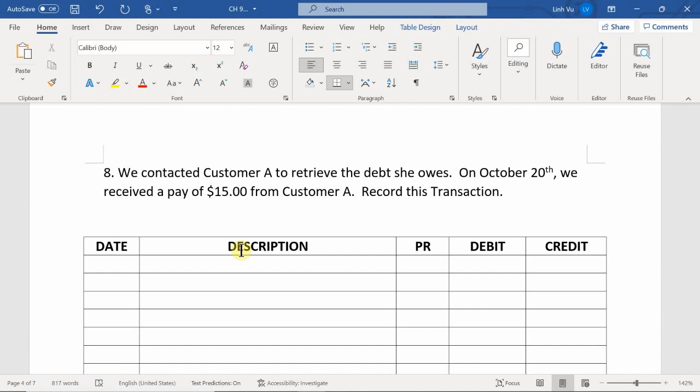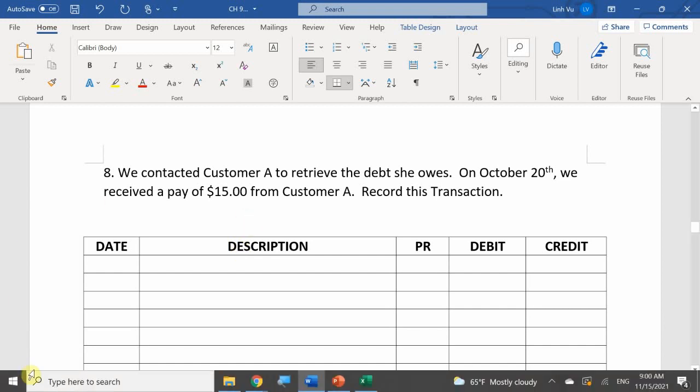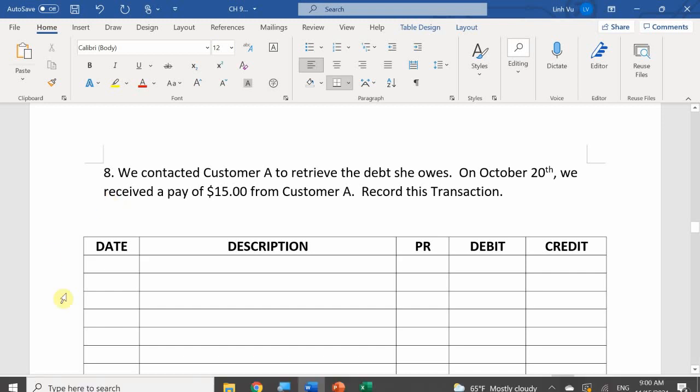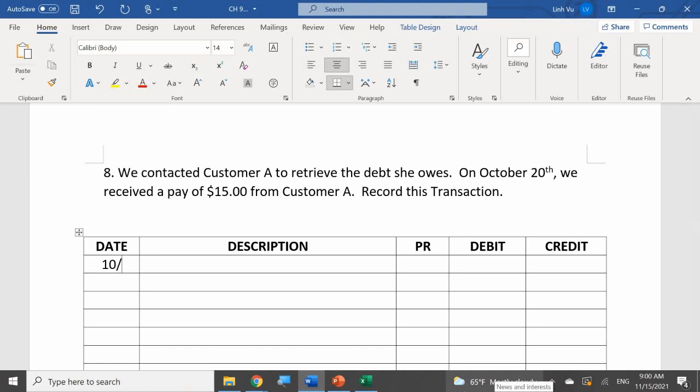We have to go back to the accounts receivable and allowance for doubtful accounts.